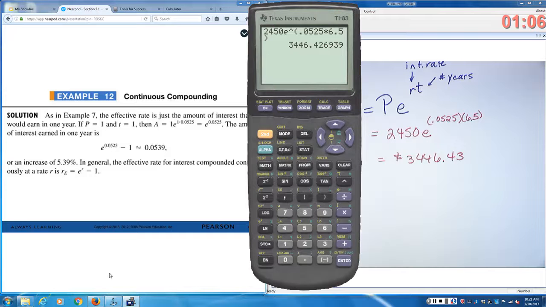No, minus 1, subtract 1. That's always, always, that's the formula. If it's continuous compounding and you're trying to find the effective rate for your interest rate, you just take E raised to your interest rate and subtract 1 and you'll get your effective rate.